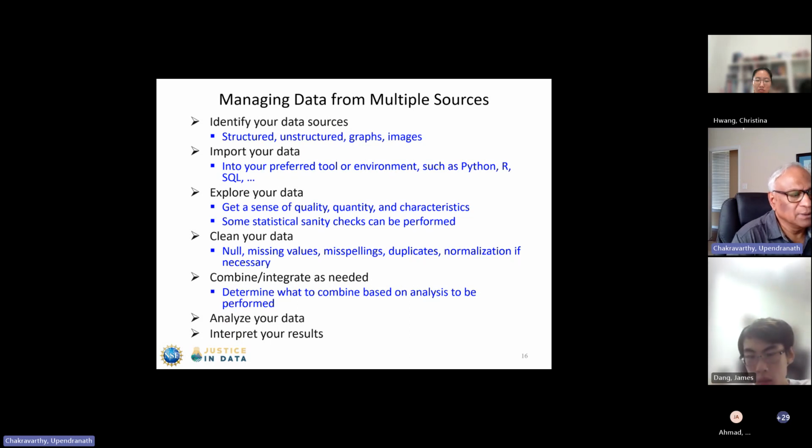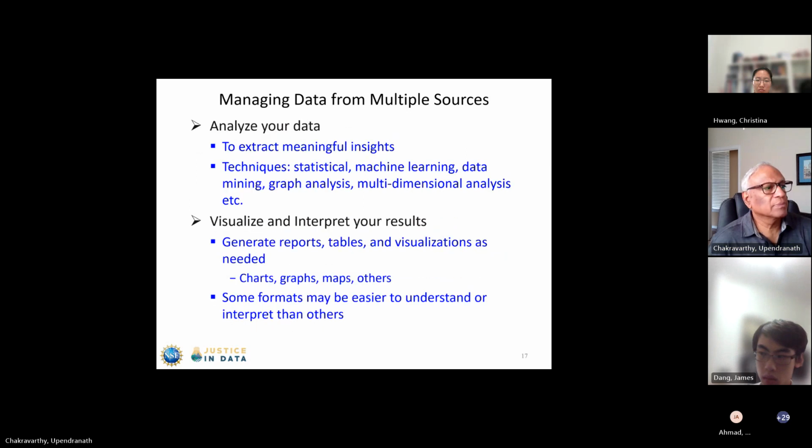Clean your data. Deal with null values, missing values, misspellings, duplicates, and normalization if necessary. And then combine and integrate as needed, determining what to combine based on analysis needs. Then analyze your data and interpret your data. Analyzing your data means that you want to extract meaningful insights.